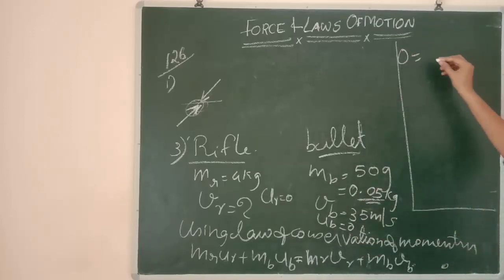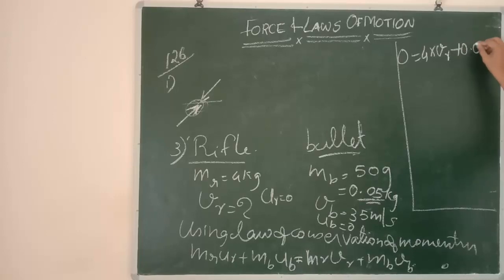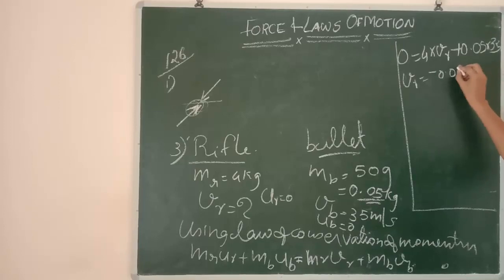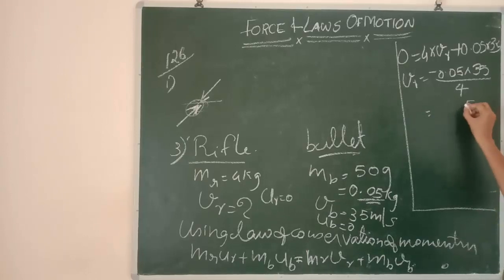What is mr? 4 into vr, we don't know vr, plus mb, 0.05 into vb, and vb is 35. So we will get vr as, taking this to the left side, minus 0.05 into 35 divided by 4. Okay, so how will we get the answer for this one?